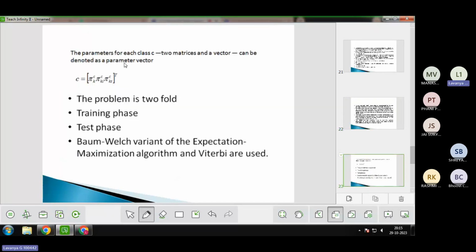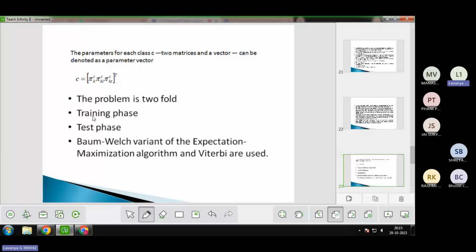Now, the parameters for each of these classes, that is, you have two matrices and a vector. That is what I first wrote, phi, comma, A, comma, B, where A is the transition matrix, B is the emission matrix, and phi was your initial probability, right? P naught. So for class C it is phi KC, phi KLC, phi KTC transpose. The problem is twofold.